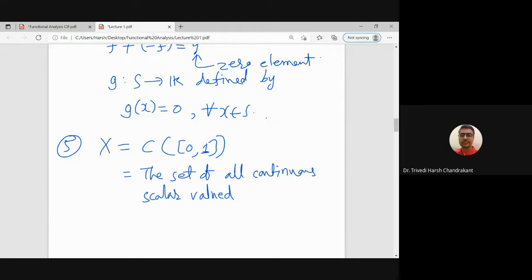Scalar valued means either real valued or complex valued, defined on the closed interval [0, 1].